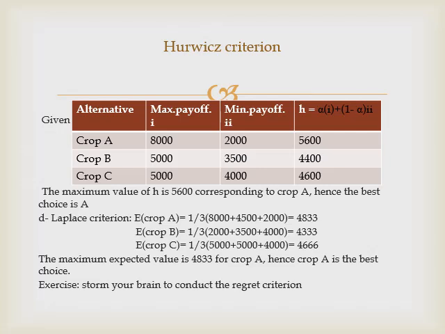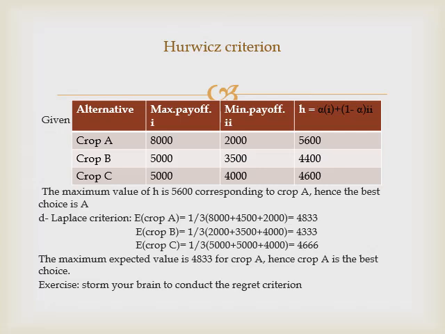Now, estimation, group A equals 1 over 3 states of nature, then 1 over 3 multiplied by 8,000 plus 4,500 plus 2,000. The result is 4,833.